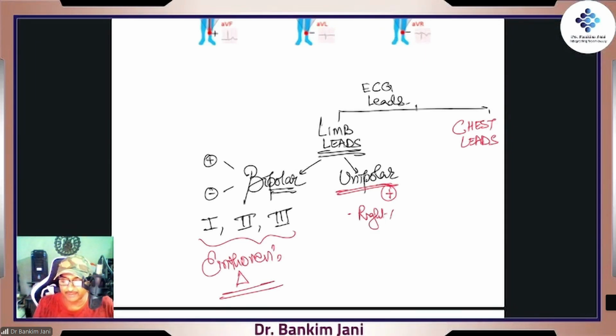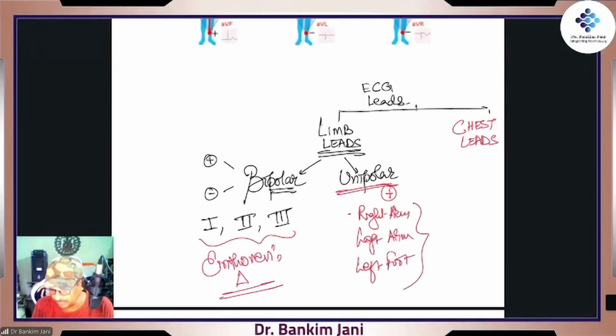So it is the right arm, left arm, and the left foot. Only these 3 are there. But when you try to do this, the signal drops. Signal becomes so weak because what you are doing is, these are the 3 poles.